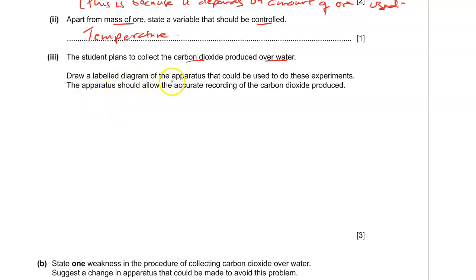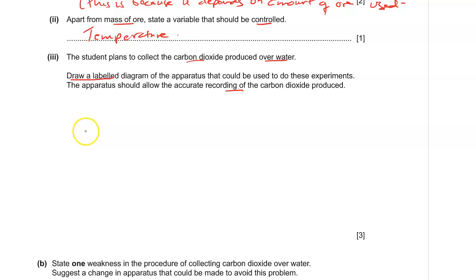Draw a labeled diagram of the apparatus that could be used to do these experiments. The apparatus should allow the accurate recording of the CO2 produced.